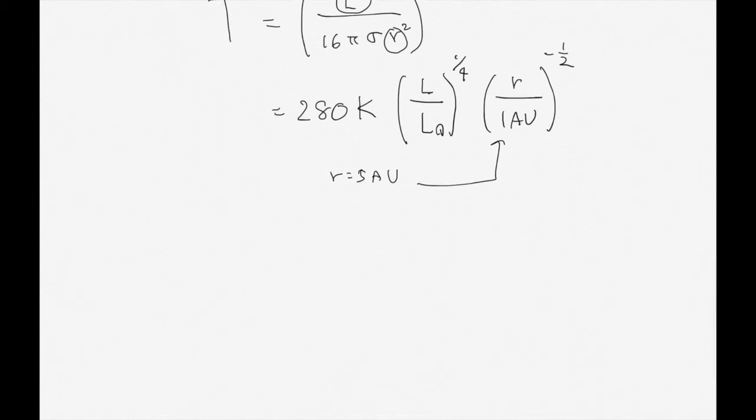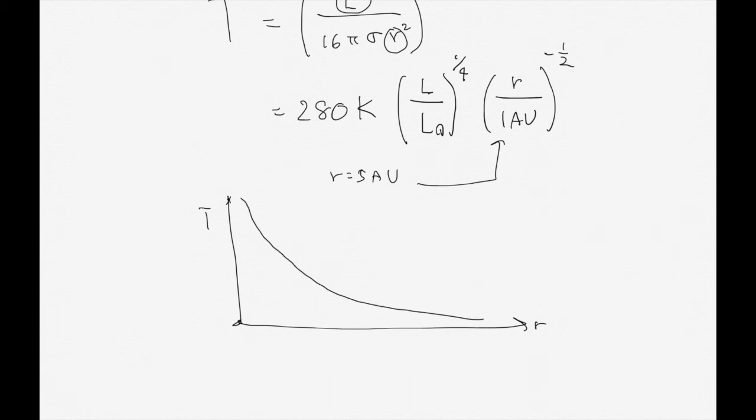In the plot, the vertical axis is the temperature, and r is the distance from the host star. Temperature is a decreasing function, as we expected. If a planet is very close to the host star, the temperature is too high to keep liquid water.